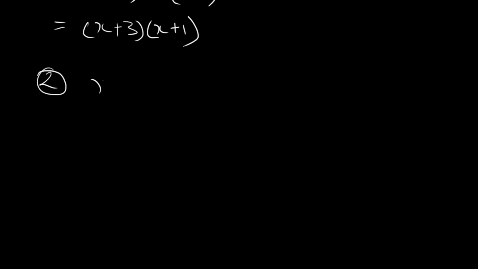So we have x squared minus 3x minus 10. Again, we will multiply the coefficient of the x squared term with our constant. This time we have minus 10, but we don't need to do anything with the minuses. We'll just keep the signs positive. So in this case we have 1 times 10, which gives us 10, and we have to somehow use the factors of 10 to make minus 3.